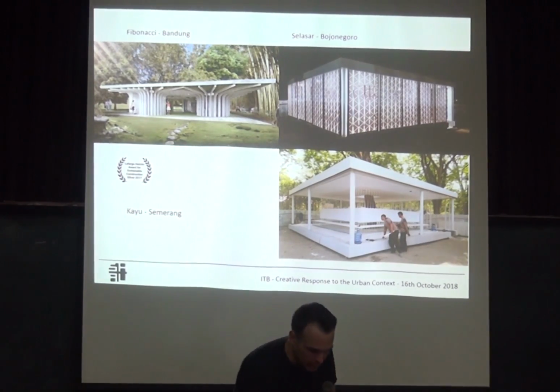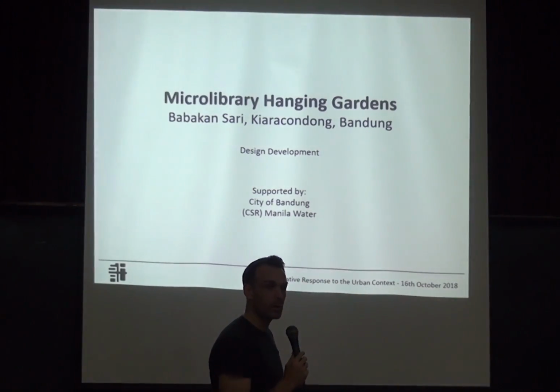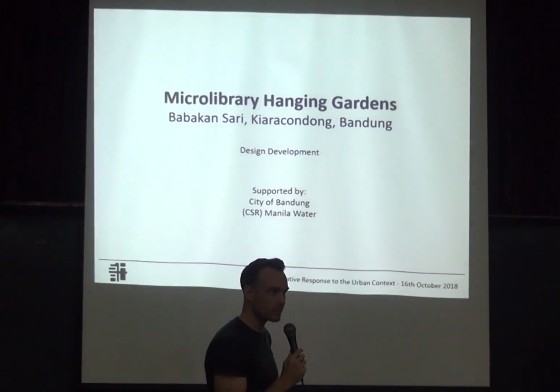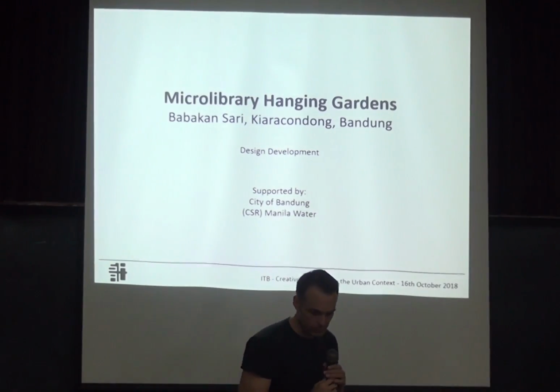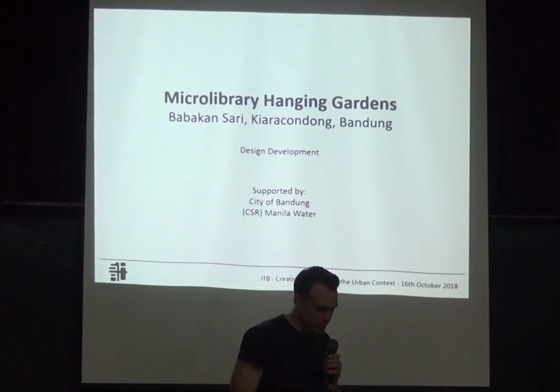But what I would like to explain a little bit more in depth is now the microlibrary hanging gardens, which is under construction, which is Bagian1 in Bandung. And I think it's also a very interesting spot and a very interesting story.